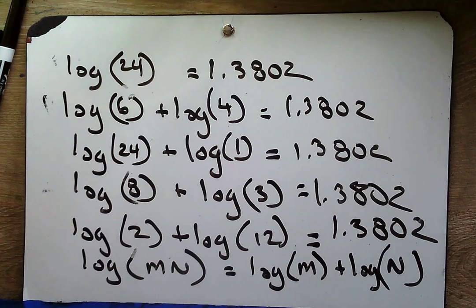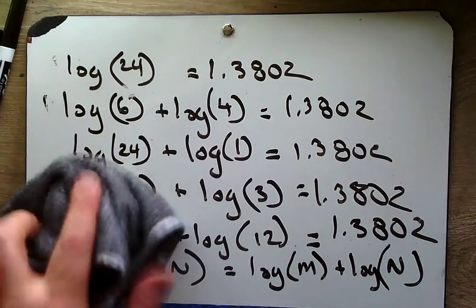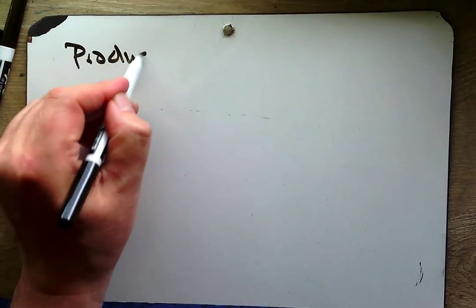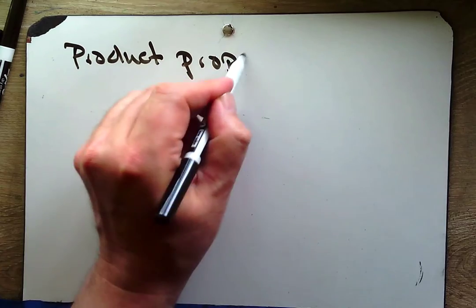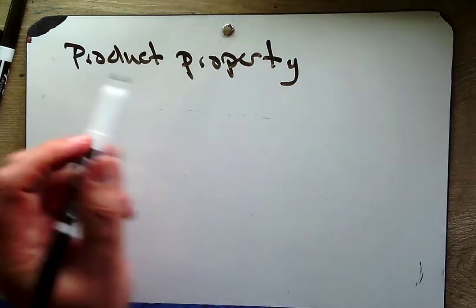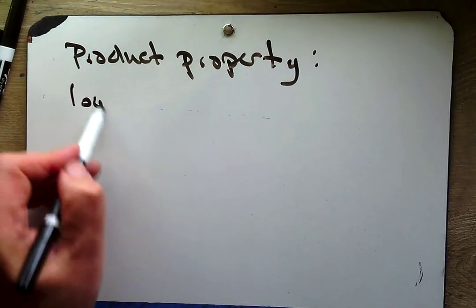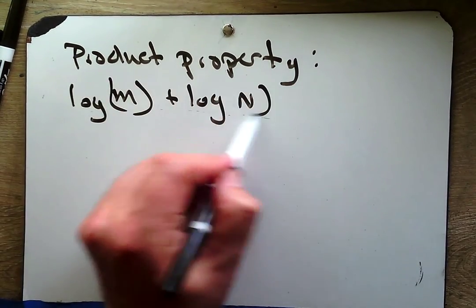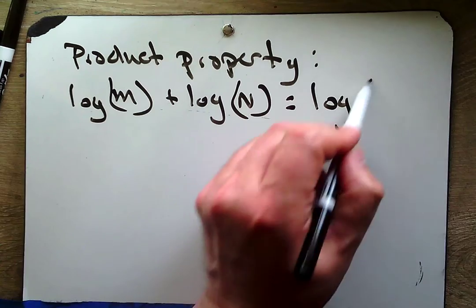So this is actually called the product property. Product property: log m plus log n equals log mn.